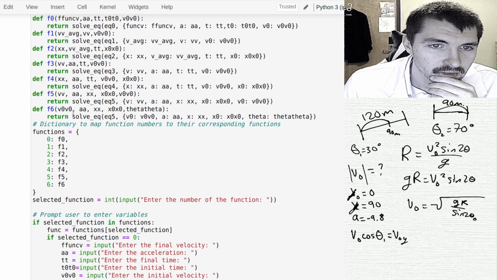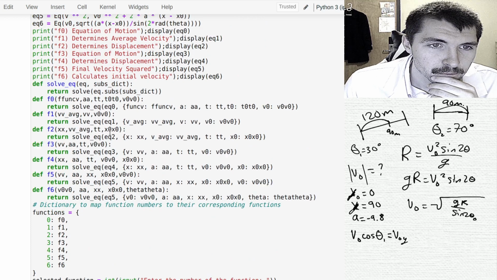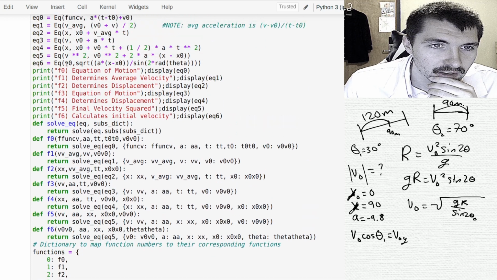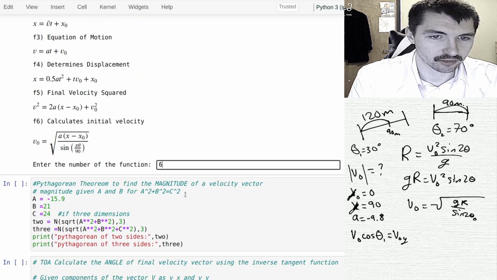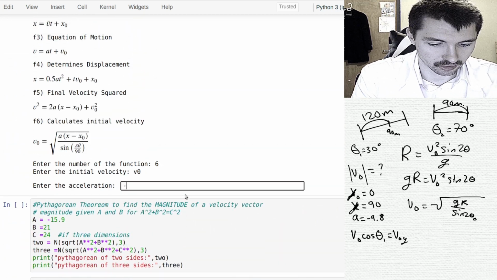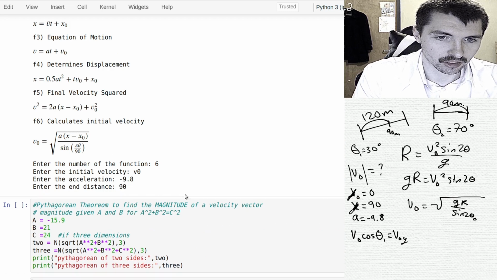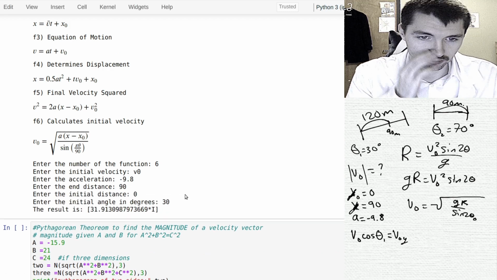Equation 6. Okay, there we go. All right, 6 V naught, negative 9.8, 90, 0, 30.